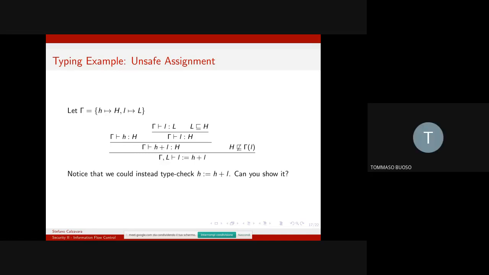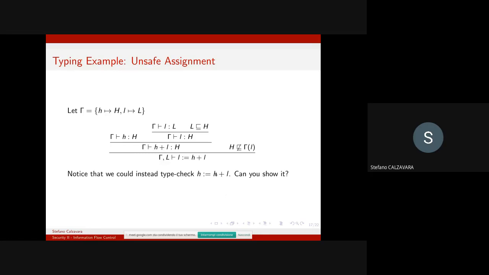In particular, observe that if you change this program, so rather than assigning H plus L to the variable L, you assign H plus L to the variable H, this program is secure because the attacker learns nothing about the value of H. And this other program is one that you can actually type check.